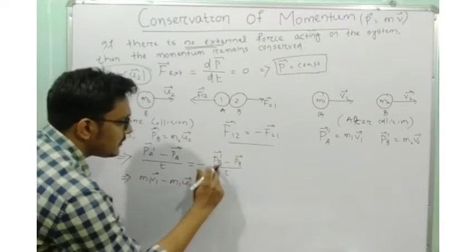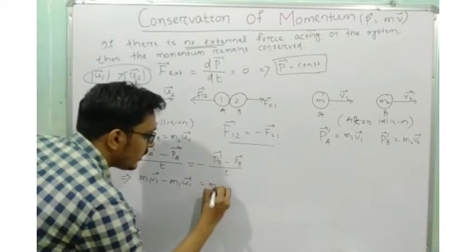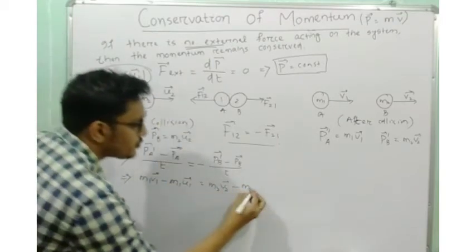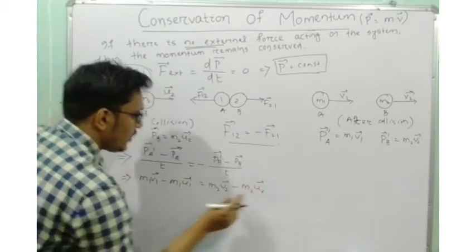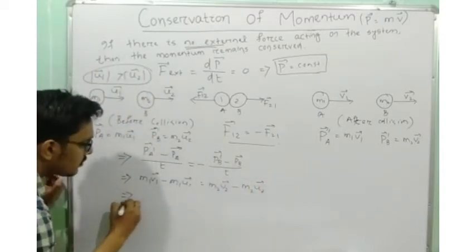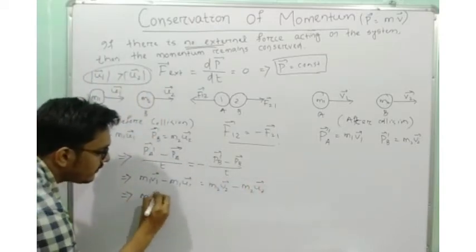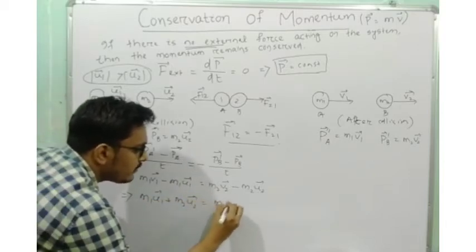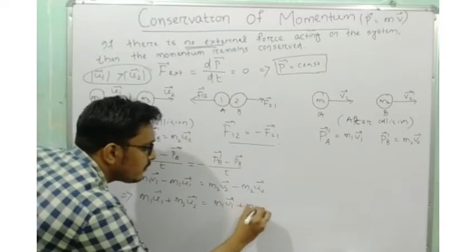Similarly, Pb prime is m2 v2 minus m2 u2. Now rearranging this equation, m1 u1 vector plus m2 u2 vector is equal to m1 v1 vector plus m2 v2 vector.